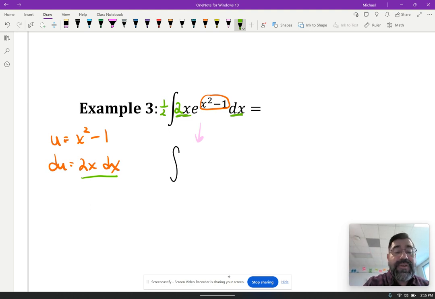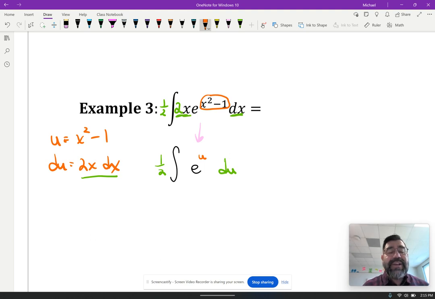So now here's what I have. 1/2 on the outside. The green part is going to become du. And then the other thing that's left over is e to this orange part, but the orange part was u. So look at how cleaner my integral looks. It looks a lot simpler. And you and I both know what the antiderivative of e to the u is.